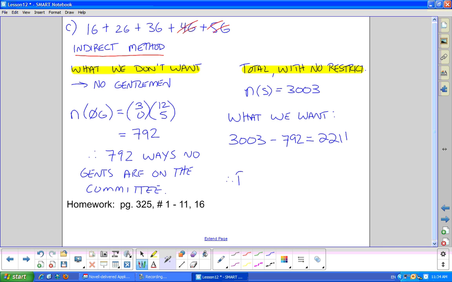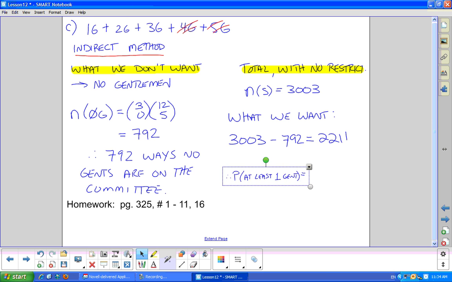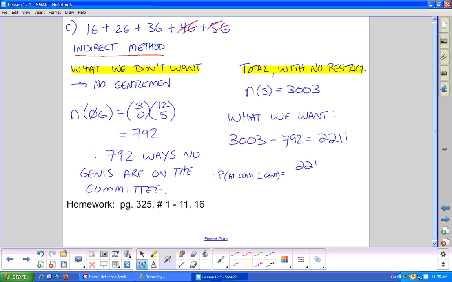So therefore, the probability at least one gent will equal, oops, I'm going to shrink that down a little bit, is equal to 2211 over 3003. Which again, if it reduces, you want to reduce it.